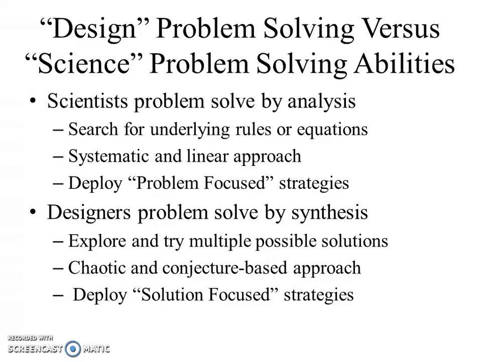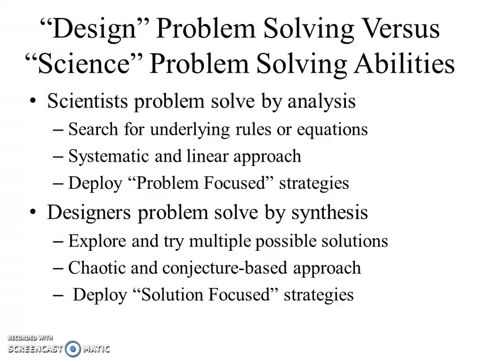This approach that scientists use is also very systematic in that you start with a problem and you're looking for a single solution. And so what you'll do is you typically know the direction that you want to go, and so you'll proceed in that direction towards a solution as long as you possibly can until you hit some insurmountable roadblock, maybe some piece of information that isn't given that you just can't possibly measure.